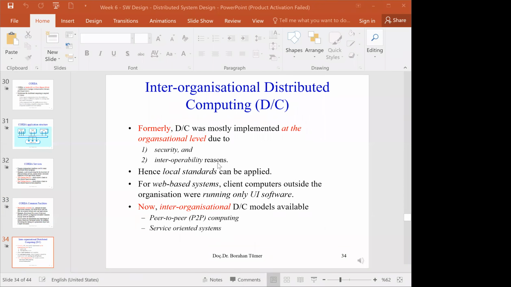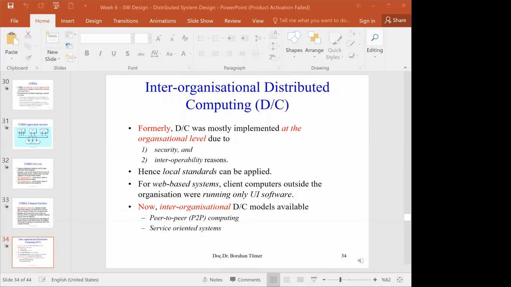All right, we have talked about the multiprocessor architectures, the client server architectures, and the distributed object architectures. Now we have another class of architectural type, inter-organizational distributed computing.